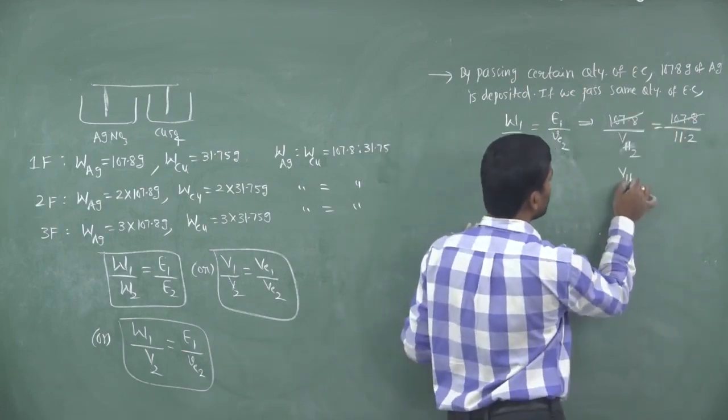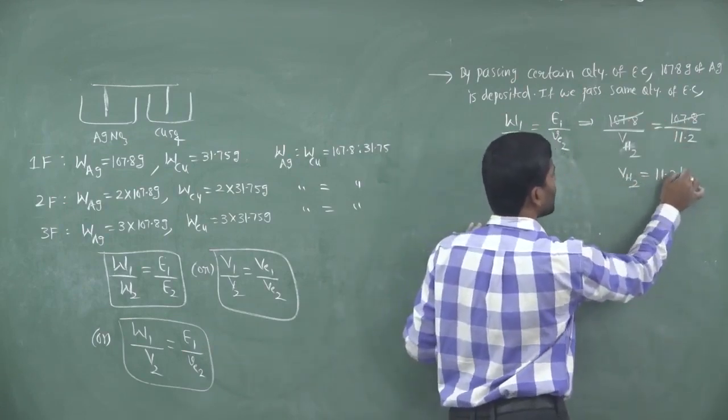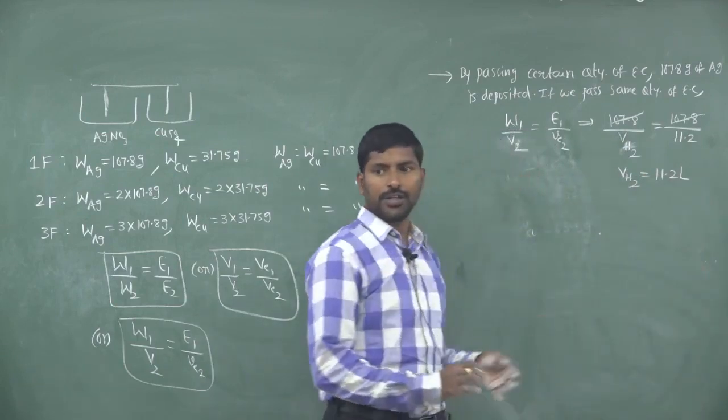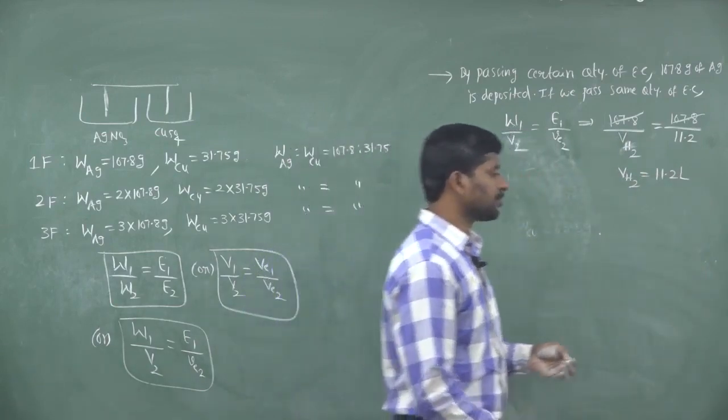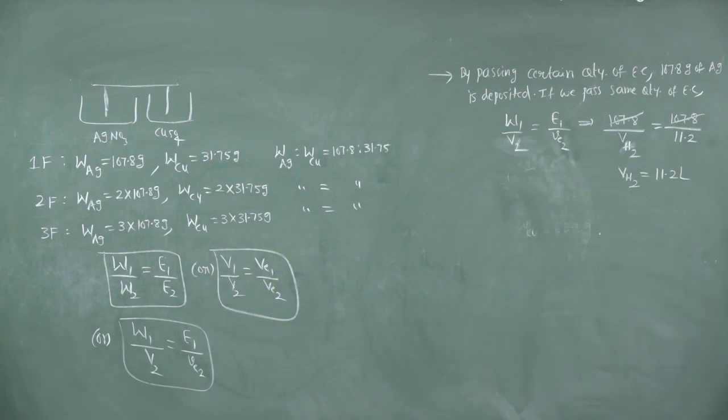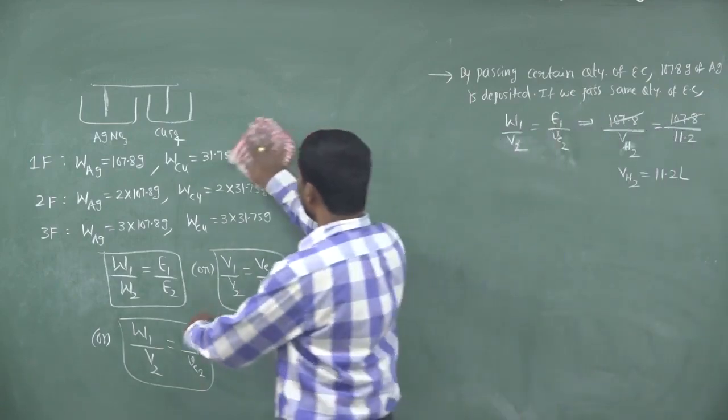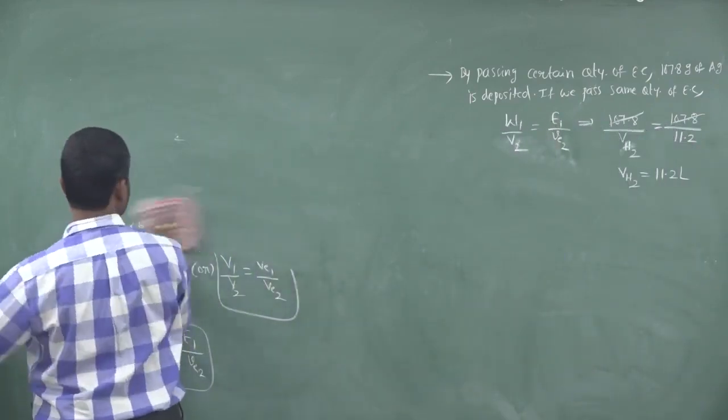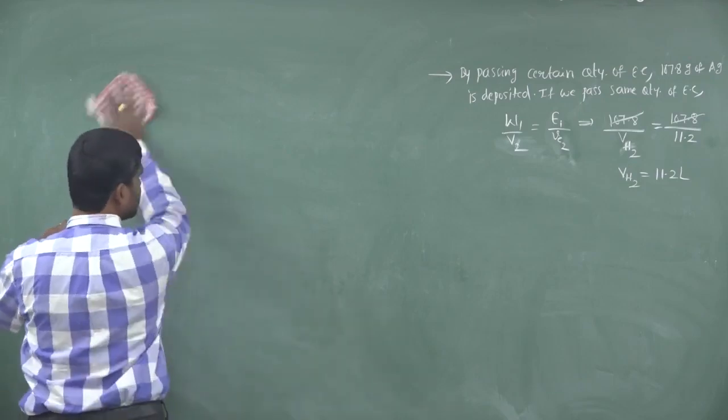So the volume of hydrogen gas evolved under STP conditions is 11.2 liters. One equivalent of silver is deposited, so the volume of H2 gas evolved is also one equivalent, and the equivalent volume of H2 gas is 11.2 liters.